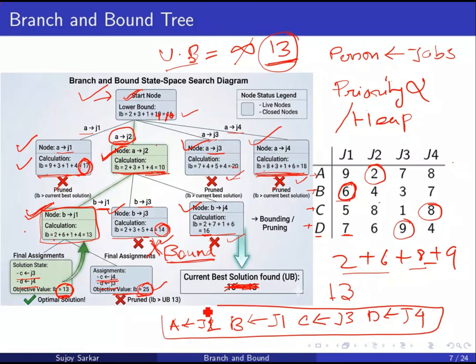And this is the least cost solution, or minimum cost solution. So this way, in branch and bound, you use the lower bound to select the nodes, and you use the upper bound to bound or prune the nodes which cost more than the solution already found.